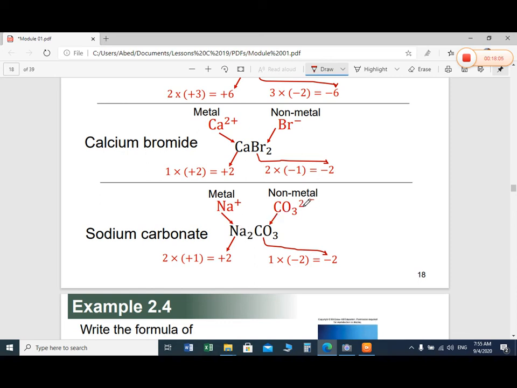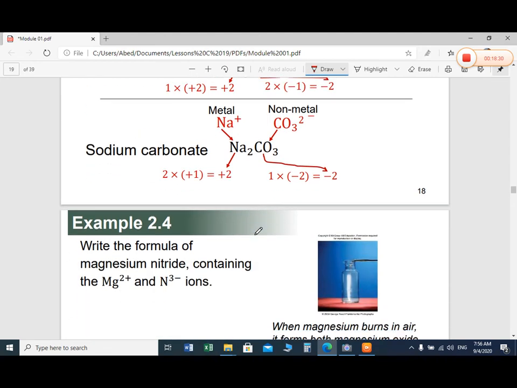The 2 negative charge will make 2 sodium atoms, and the 1 positive charge of the sodium will make carbonate a 1 unit anion here. So sodium carbonate, this will be the formula. The charge will be balanced, plus 2 and minus 2. So the total net charge on this ionic molecule is 0. No charge.